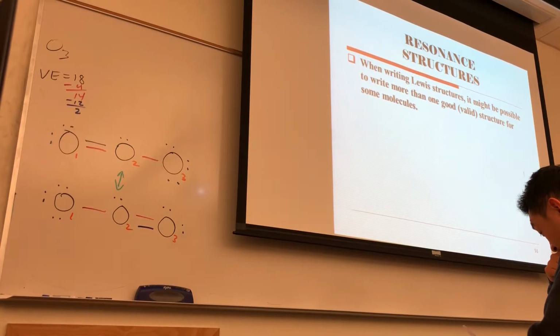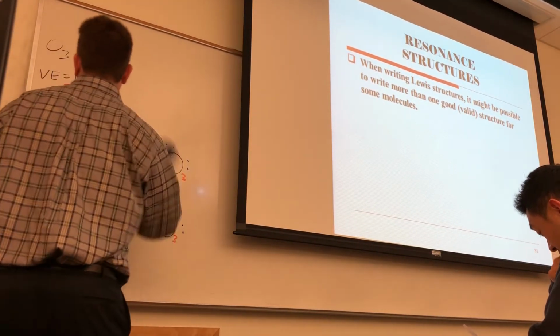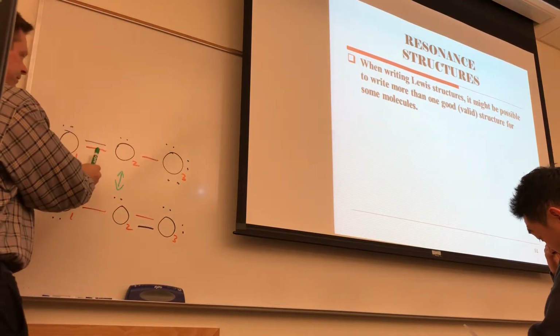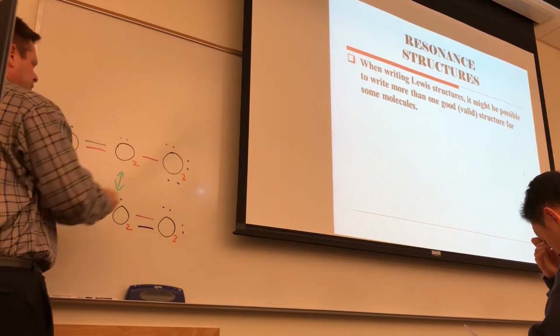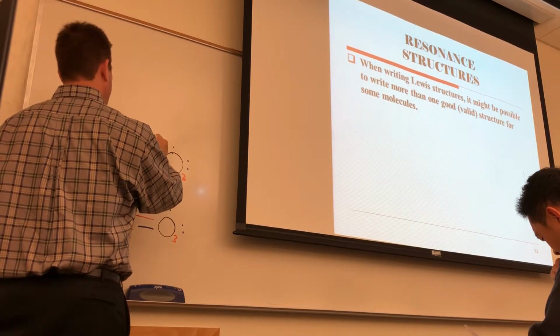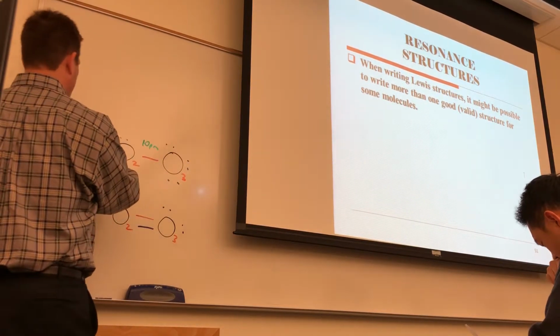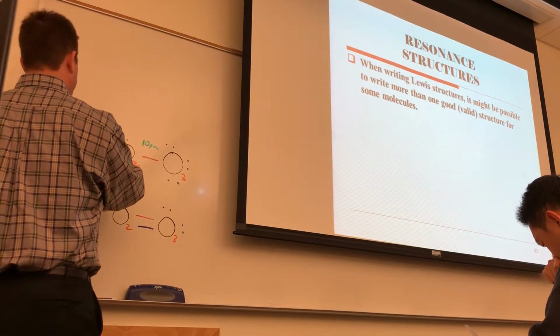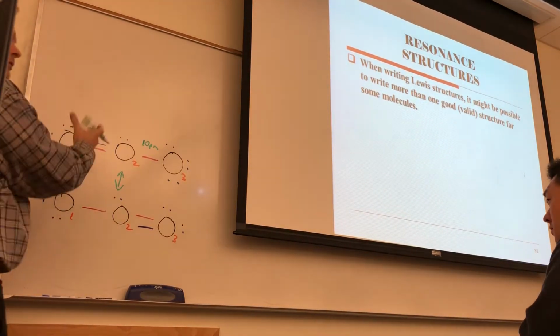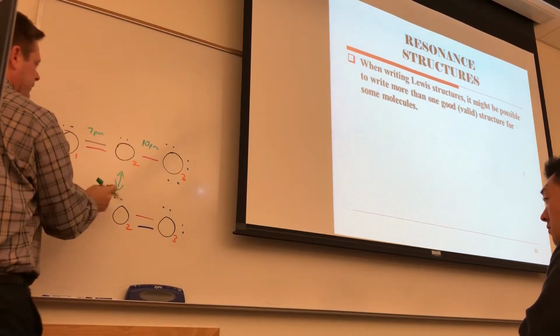In real life, what I'm going to get is this is going to be shorter than this, so let's call this 10 picometer, and we'll call this one 7 picometer, just to get a sense of this. The double bond is shorter, pulled closer together.